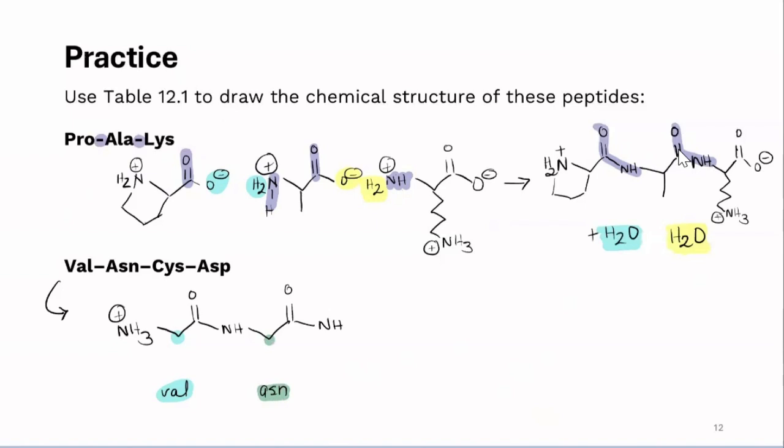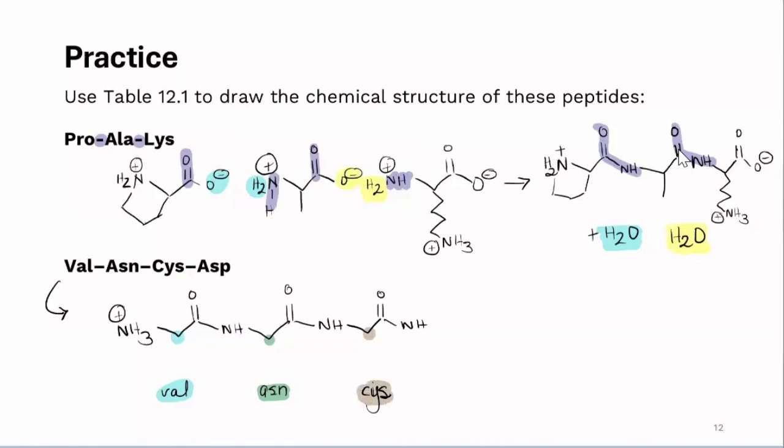Continuing on, I need to draw an alpha carbon for cysteine. And notice that after cysteine, we still have a line, so we have to still draw a C double bond O NH. So at this alpha carbon, we're going to write the side chain of cysteine.